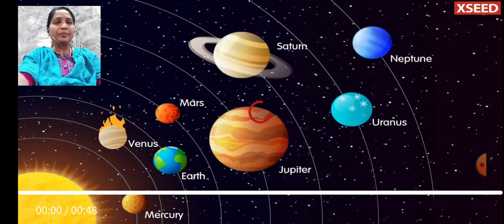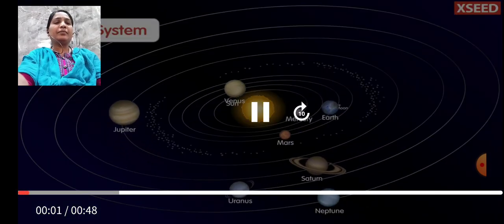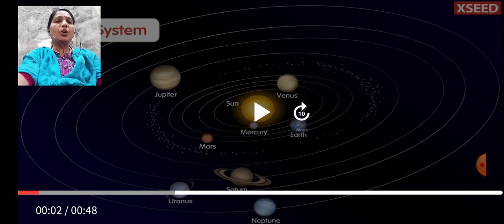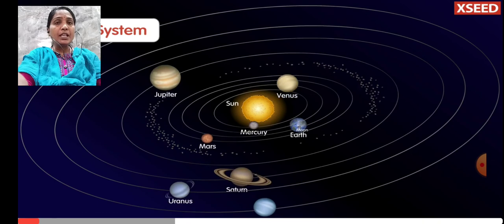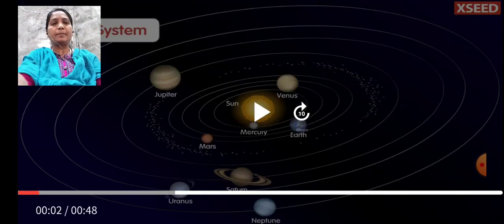Yes? See how our solar system is revolving, the movement you can see here, and about each planet, when the voice is coming, it also bulges out. That means it pops out. You can see the popping of that particular planet.